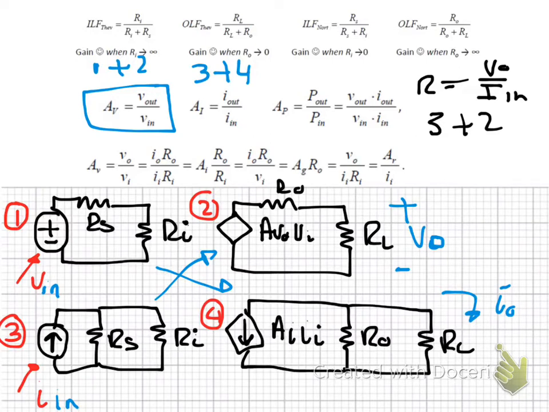And for transconductance, it's the opposite. Transconductance is output current over input voltage, which is just stage 1 and stage 4.